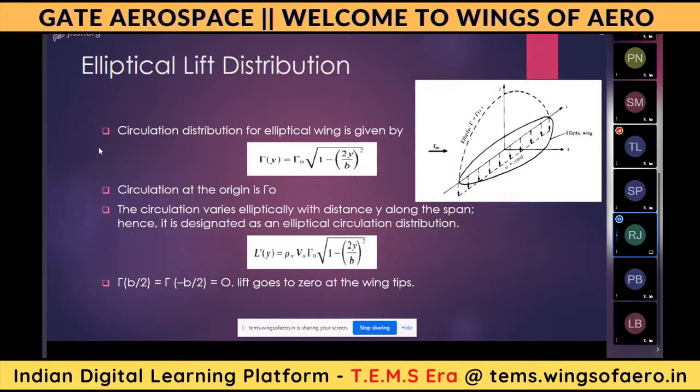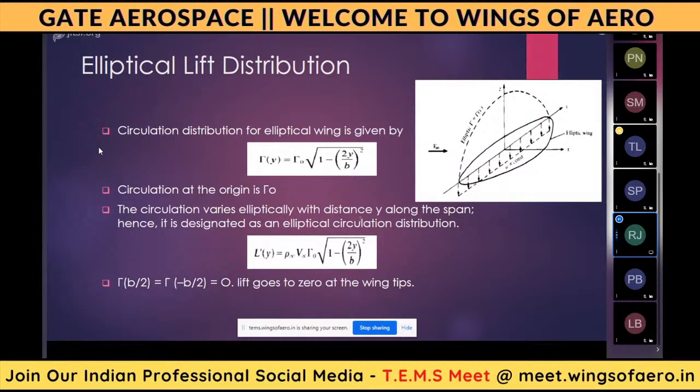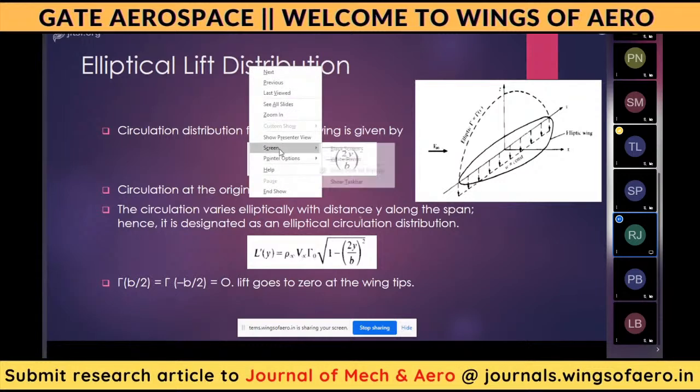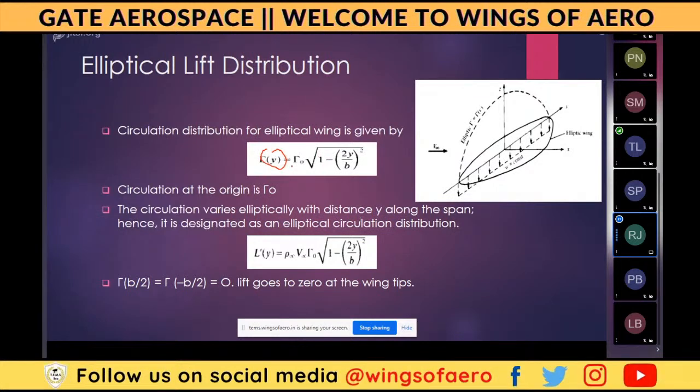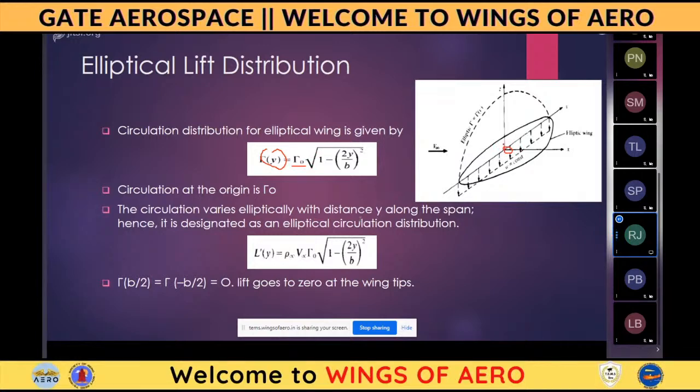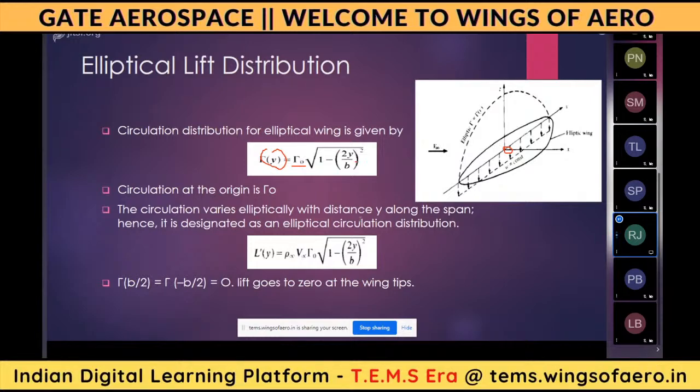Here the circulation distribution for an elliptical wing is given by gamma of y equal to gamma naught, where gamma naught means the circulation at the origin, times square root of 1 minus (2y by b) the whole square. This is the standard formula for circulation of an elliptical wing.